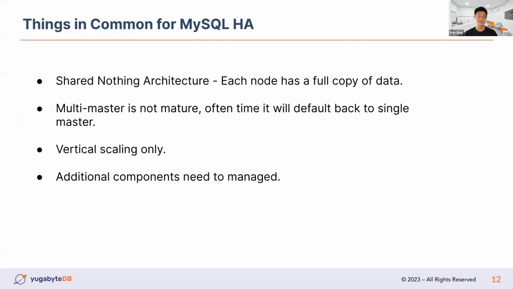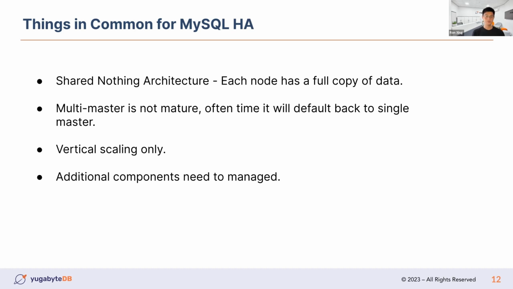Just to summarize, these are the things that are common across different MySQL high availability designs. No matter whether it's native, Galera or MySQL group replication, all of them are shared-nothing architectures, meaning that each node will have a complete copy of all the data, right? Some of the architectures support multi-master, but it's not mature, so oftentimes people will still default back to the single master mode.